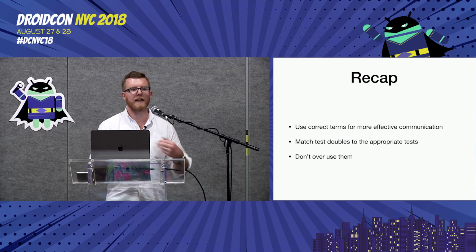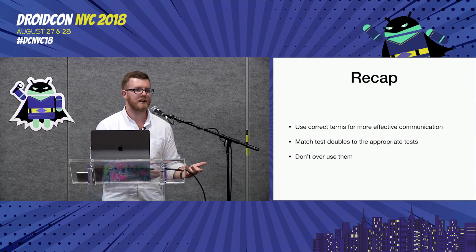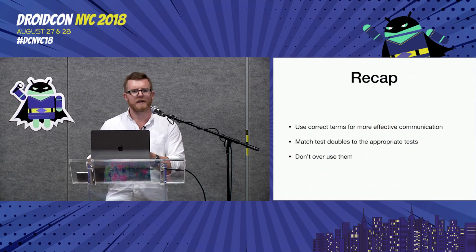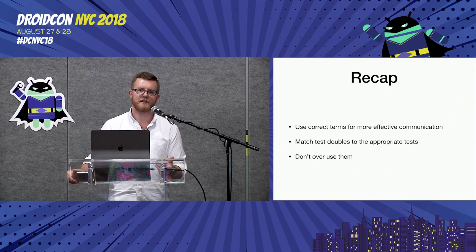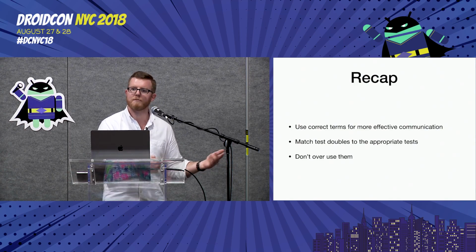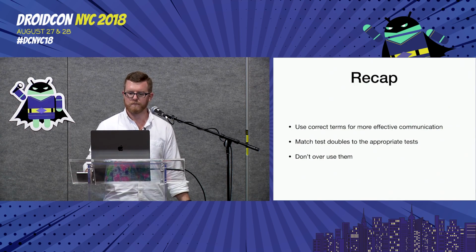So I think the language that we use when describing our tests and what parameters we're passing in can help clear up that confusion and make it more clear to your coworkers or to future you when you're looking at the test again, what exactly that test is doing. So just try to use the correct terms whenever you can.